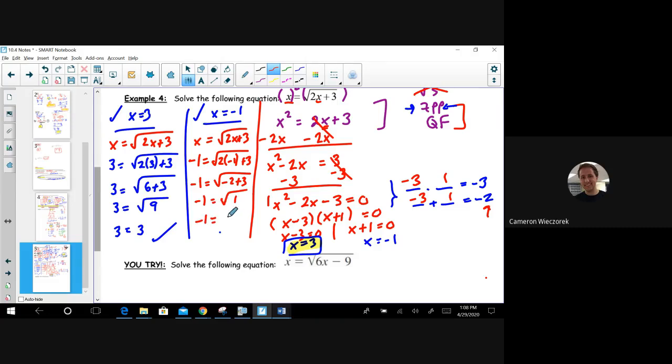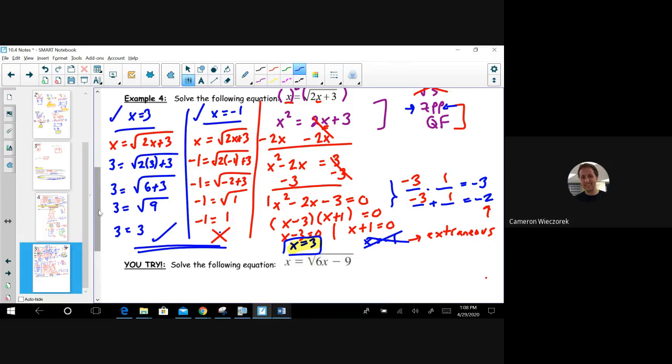The square root of 1 is 1. Does -1 equal 1? No, it doesn't. So x equals -1 is extraneous, which means I cross it off. It is not an answer to my problem. Cross it out, doesn't count. So make sure that if you get two answers, you're plugging them in. That's one expectation, that you're checking those answers.